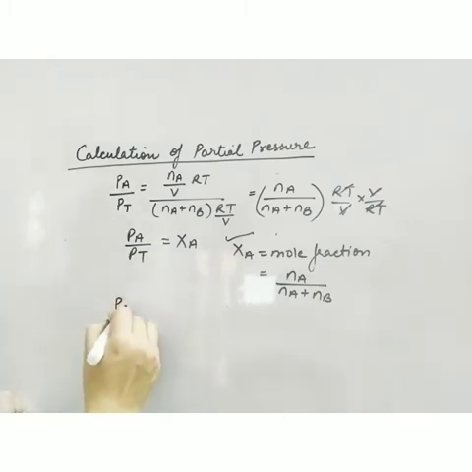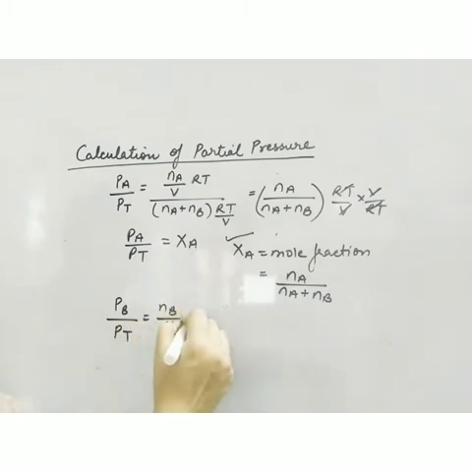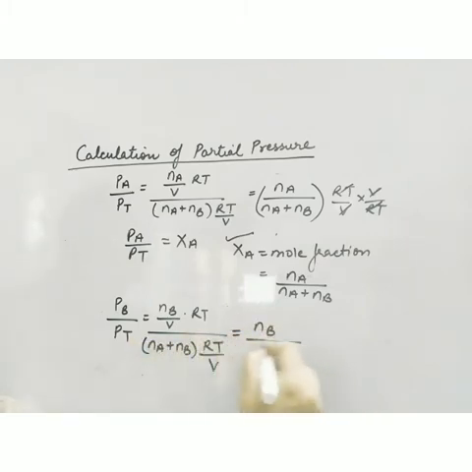Likewise, if we do Pb upon Pt, it is Nb upon V into RT divided by Na plus Nb into RT by V. And what will we get? We will get Nb upon Na plus Nb. Now moles of B upon total moles is equal to Xb.